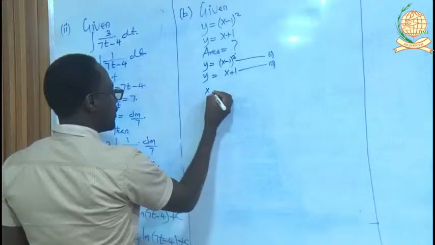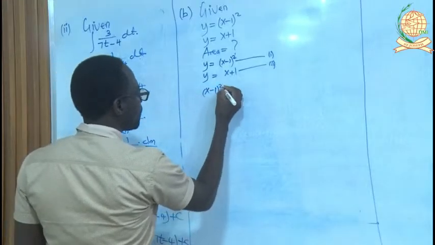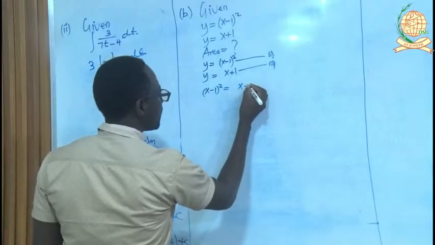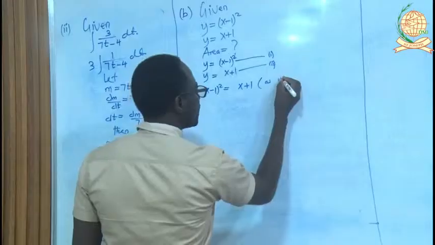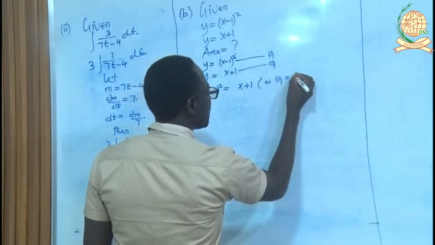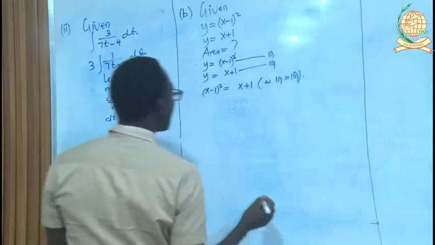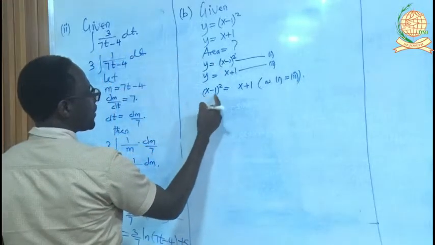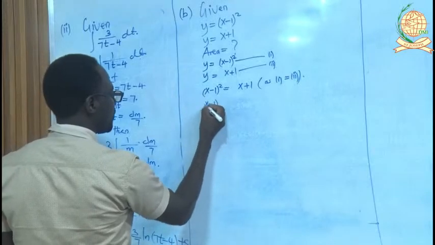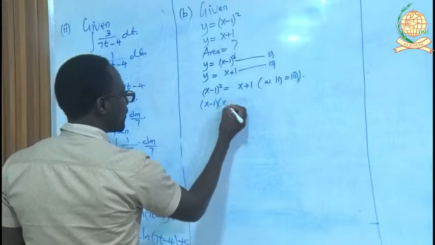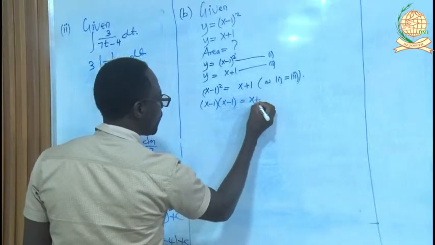So x minus 1 squared is the same as x plus 1, as equation 1 is equal to equation 2. Okay, expand x minus 1 squared. This is the same as writing x minus 1, then x minus 1, equal to x plus 1.